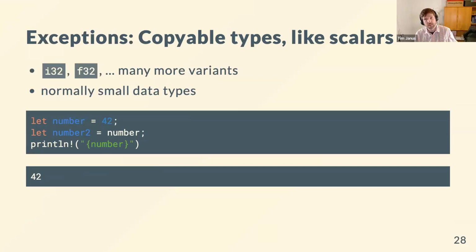And as always, to a default rule, there are always exceptions. There are copyable types, like all the scalars, like integers and floats, are normally copyable. That's true normally for really small data types that fit in a small amount of bytes, then this code works totally fine. So don't get confused too much by that. That's the reasoning behind it, that you have an exception for small built-in types.